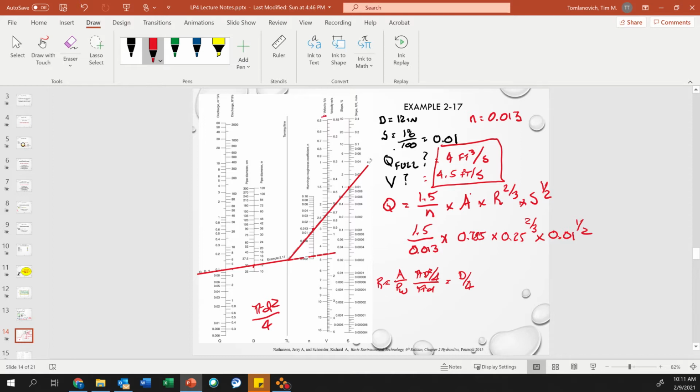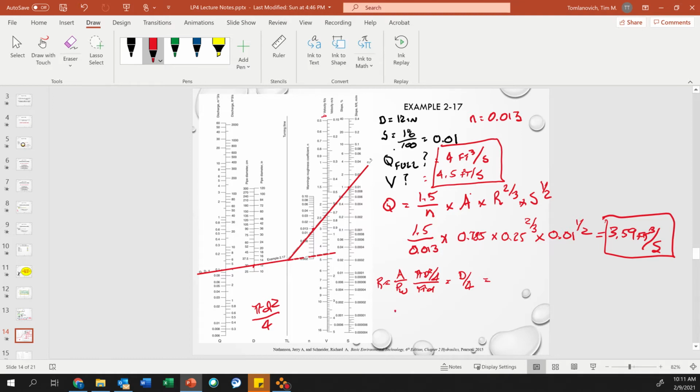And I get 3.59 cubic feet per second. When you look at the equation, it's going to be more accurate. So I get 4 from the nomograph and 3.59 from the equation.